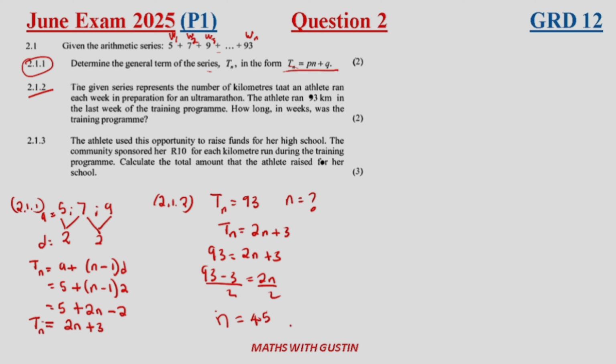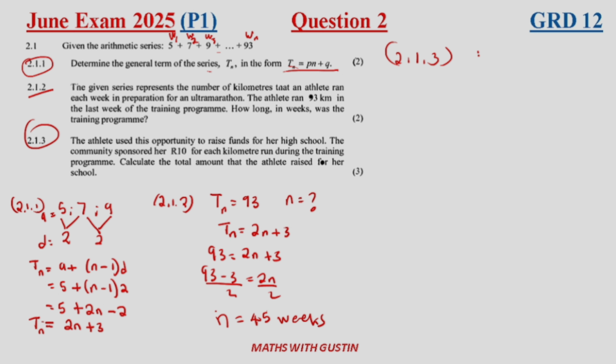2.1.3 says the athlete used this opportunity to raise funds for a high school. The community sponsors her 10 rand for each kilometer ran during the training program.